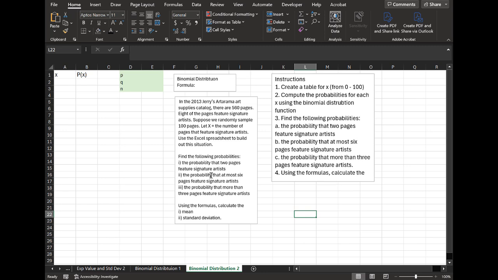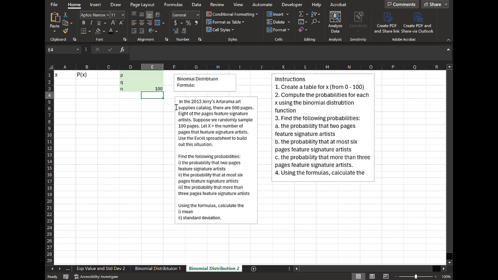This is an interesting problem because you have to figure out a lot about the binomial distribution from the context clues. First of all, we're selecting 100 pages. What is that going to be? That's our number of trials. In the 100 pages that we've selected, we're asking the question, does it feature a signature artist?